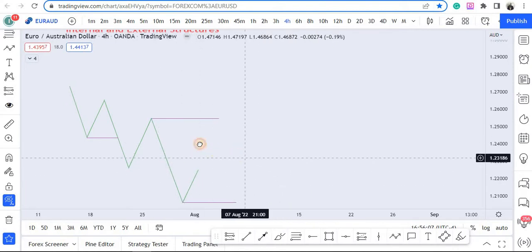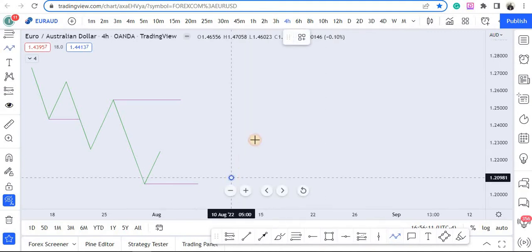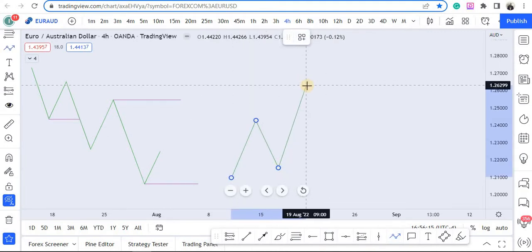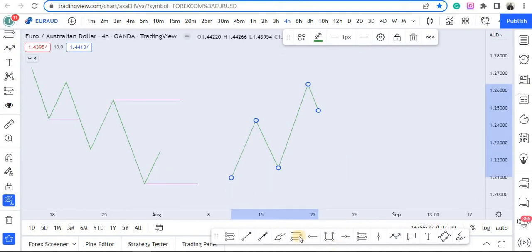A pullback. Now if we look at the case of an uptrend, price breaks this high, and we start seeing this evidence of pullback, then we can say that we have a trading range here.